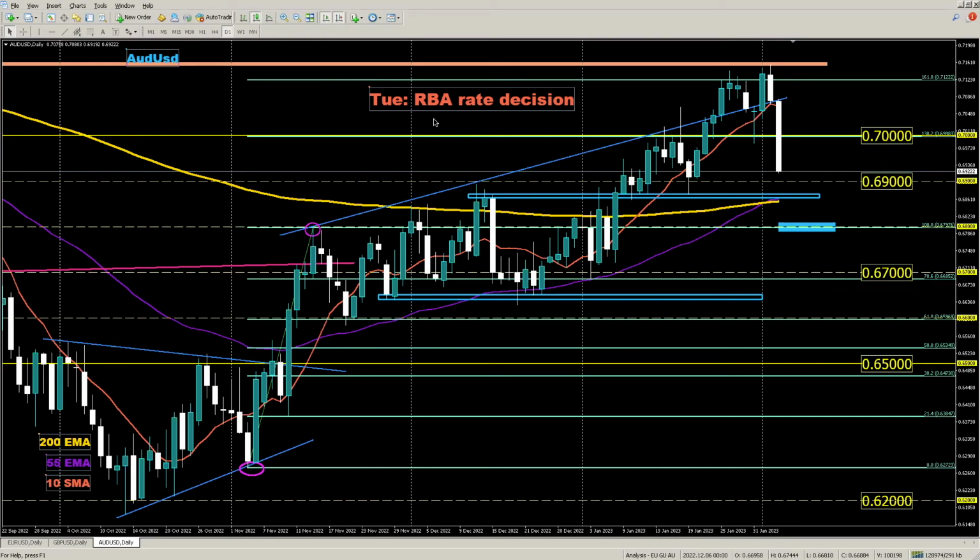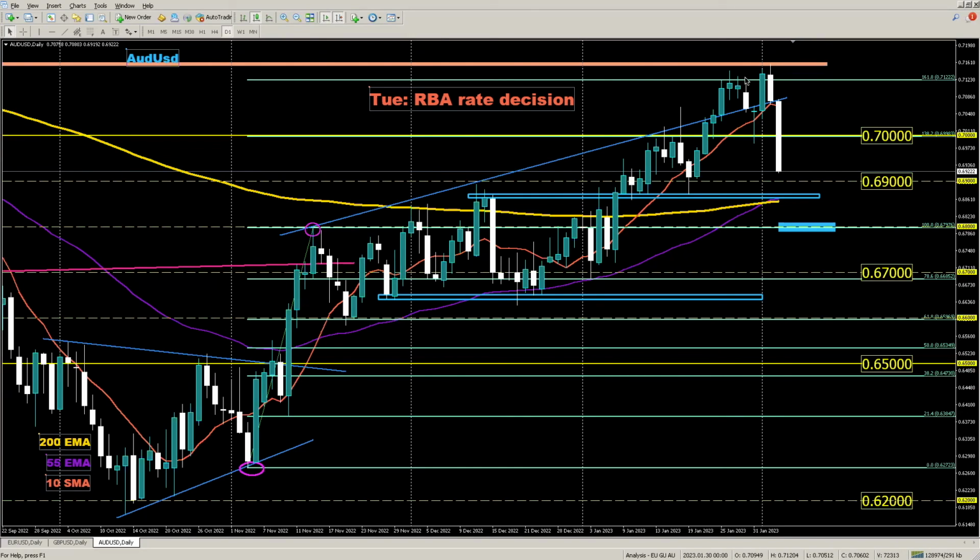Okay, and Tuesday it's the RBA's turn to announce their rate hike, and they are expected to increase the rate by 25 basis points. And the Australian economy should be growing with the opening of China, so there could be less of the need for further tightening.